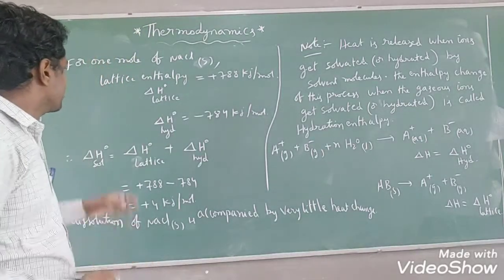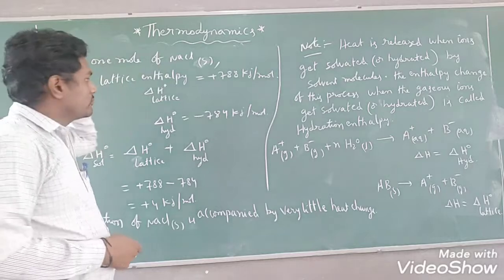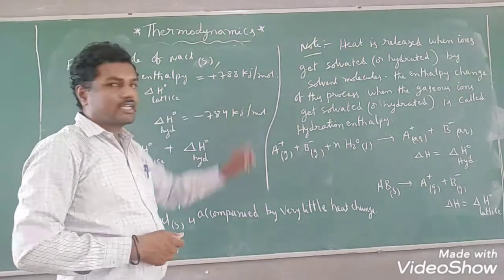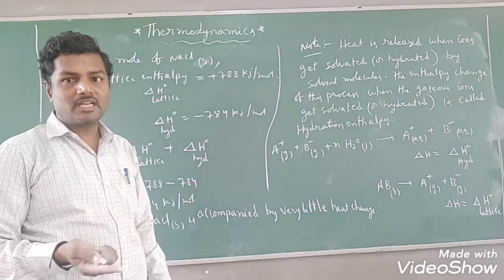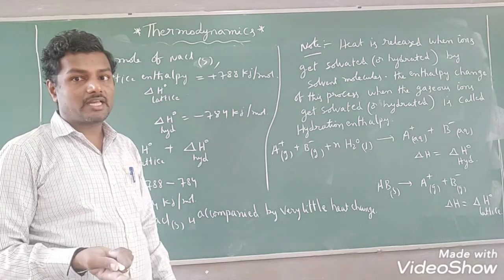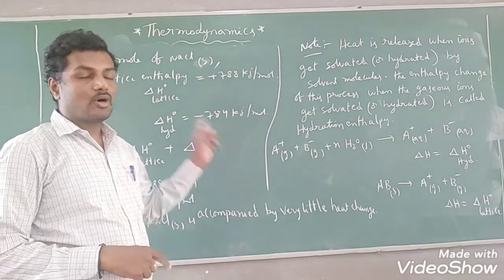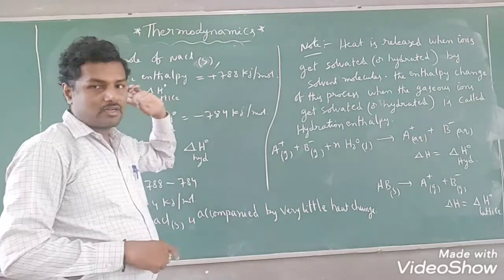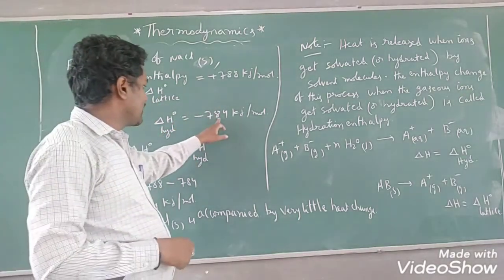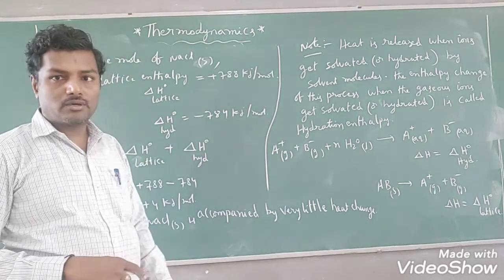Let us see, students. For 1 mole of NaCl solid, the lattice enthalpy value we have got is plus 788 kilojoule per mole. This we cannot calculate directly; we can calculate it indirectly by using the Born-Haber cycle, which we have already done. And the hydration enthalpy they have measured, and they have got the value minus 784 kilojoule per mole.